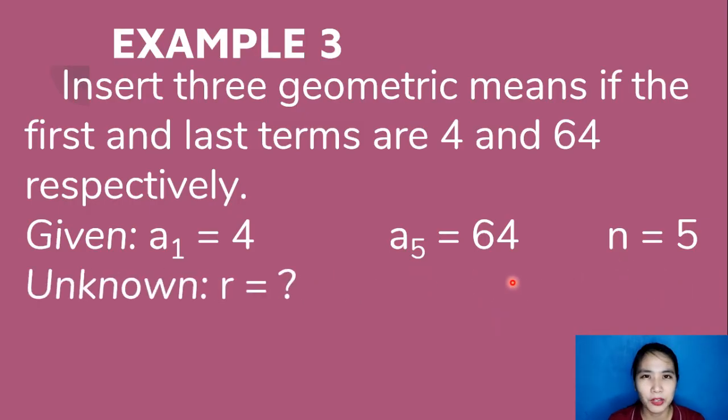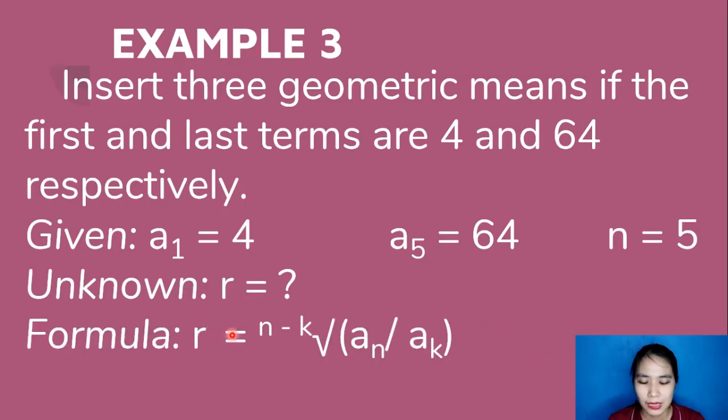What we need to find here first would be our common ratio. So to find this, we use the formula of r, which is n minus k root of a sub n over a sub k, where our k here will be replaced by 1.